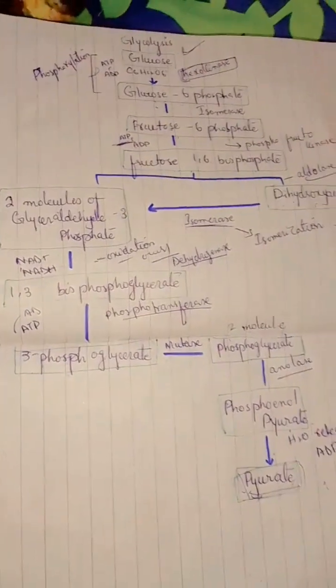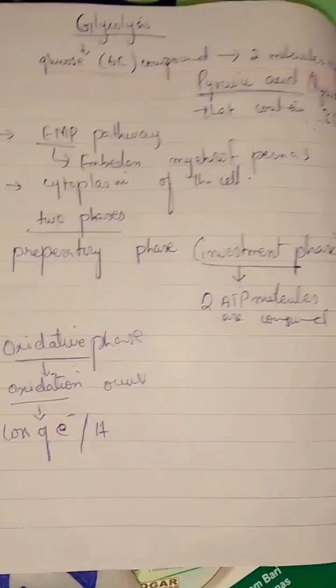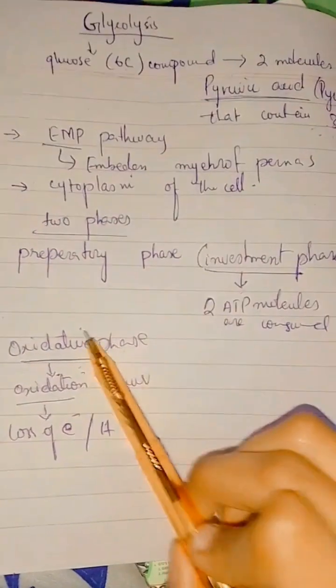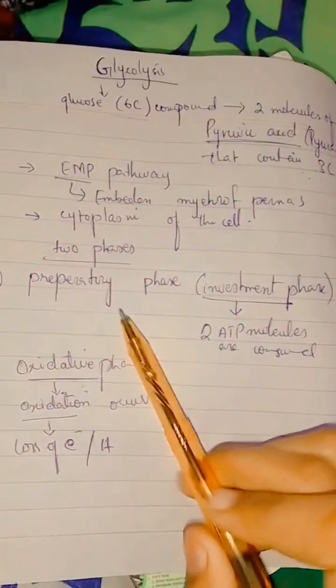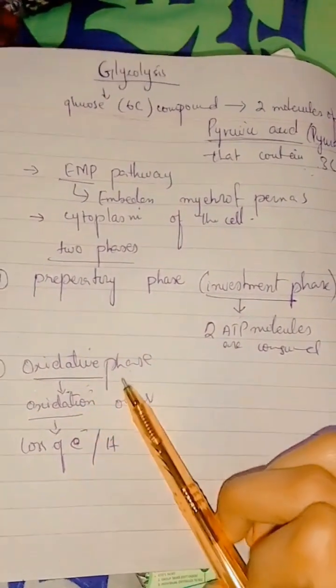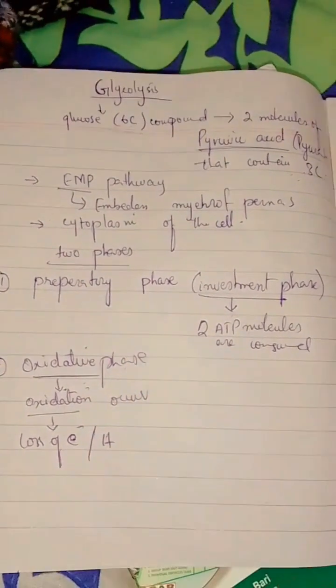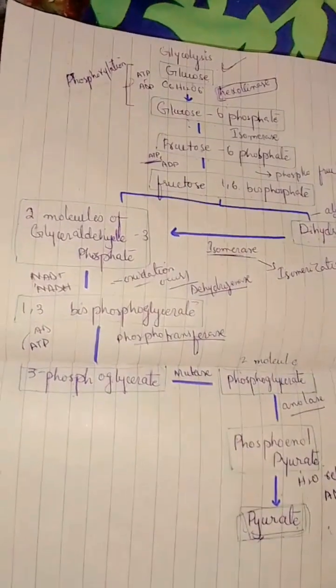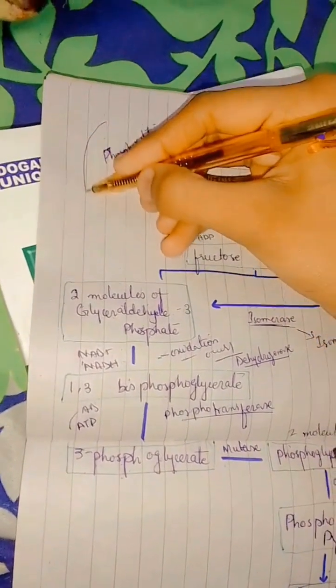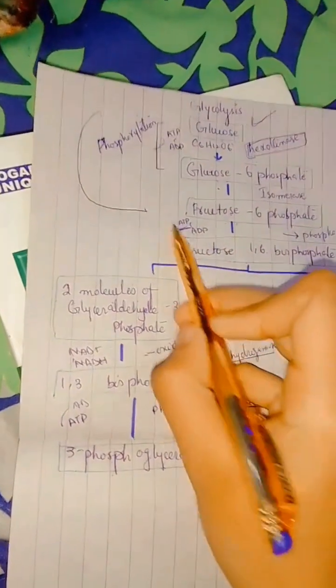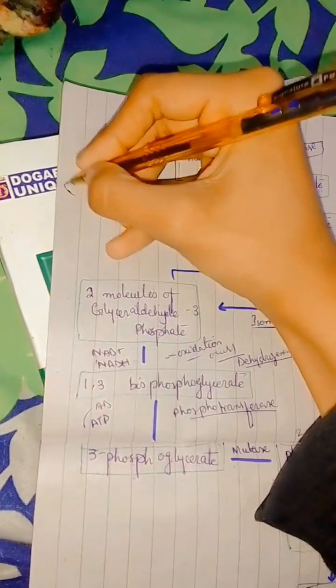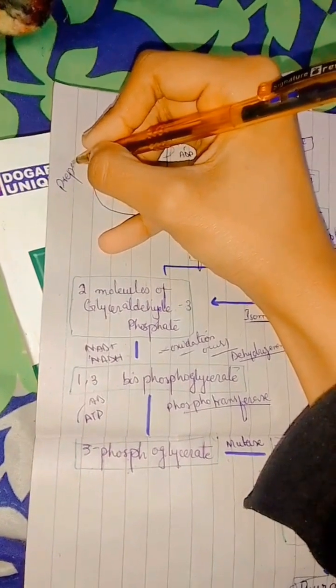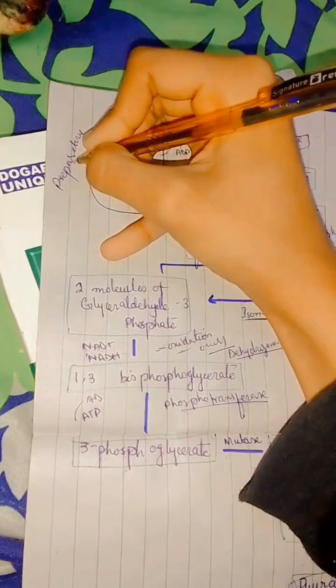Now, as I said, there is a preparatory phase and an oxidative phase. Let's discuss which one is the preparatory phase and which one is the oxidative phase. Till here is the preparatory phase.